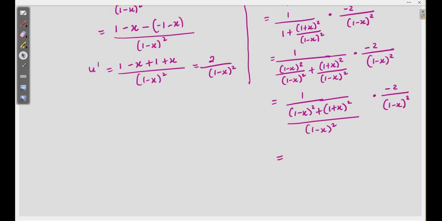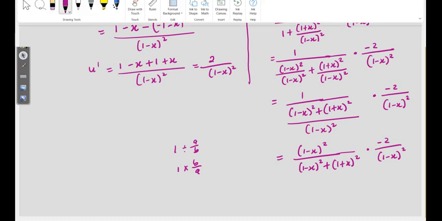Then remember we said 1 divided by a over b is the same as saying 1 times b over a, so this part here is gonna change to 1 minus x all squared all over 1 minus x all squared plus 1 plus x all squared, and then we multiply by negative 2 all over 1 minus x all squared.